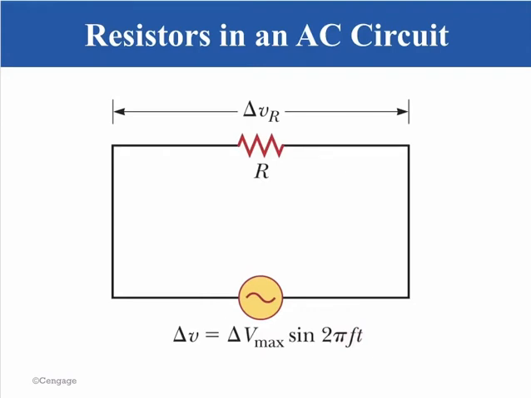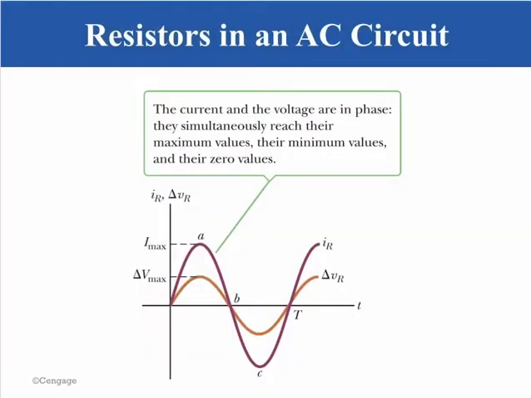Let us consider a simple circuit consisting of a resistor and an AC source as shown here in the figure. Take a look at the current versus time and voltage versus time curves for the circuit in the previous slide. At point A on the curve, the current has a maximum value in one direction.